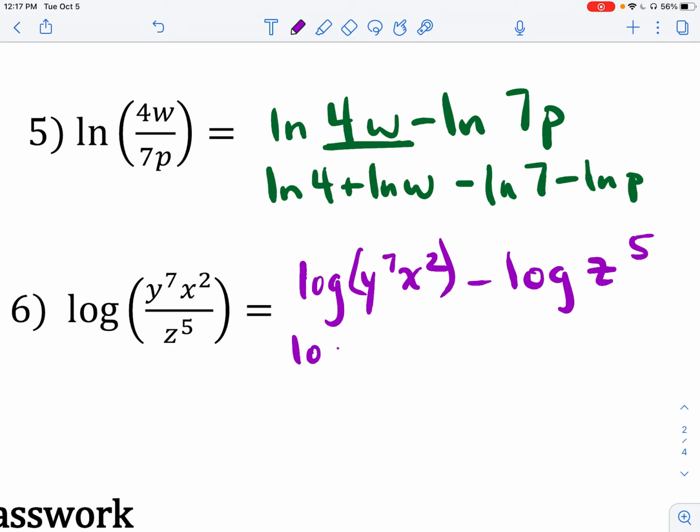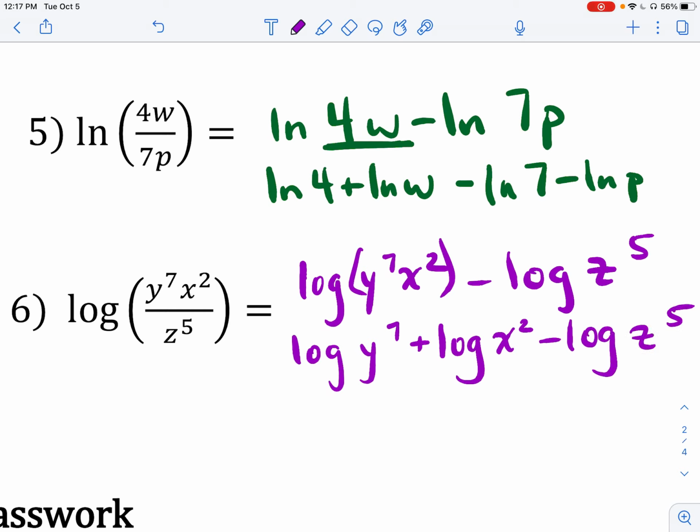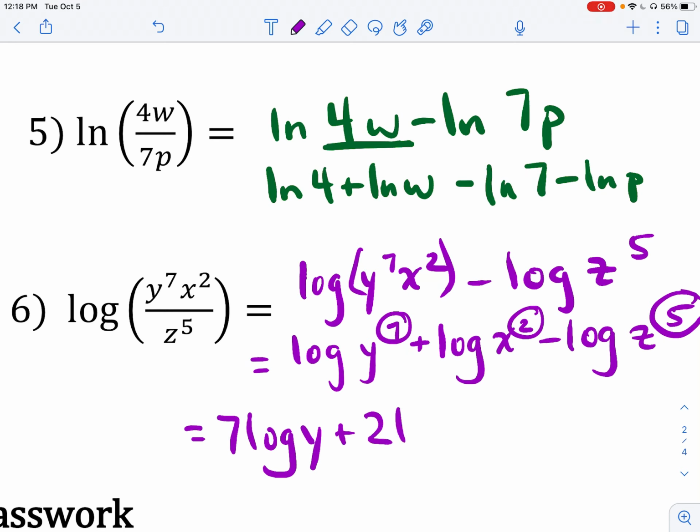So I'm going to write this as log y to the 7th plus log x squared minus log z to the 5th. And finally, we're going to take care of all these powers. We're going to rewrite all these powers as factors. So 7 log y plus 2 log x minus 5 log z.